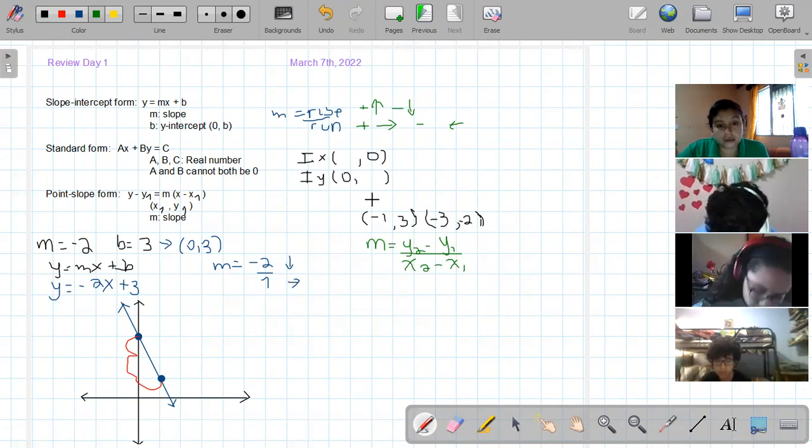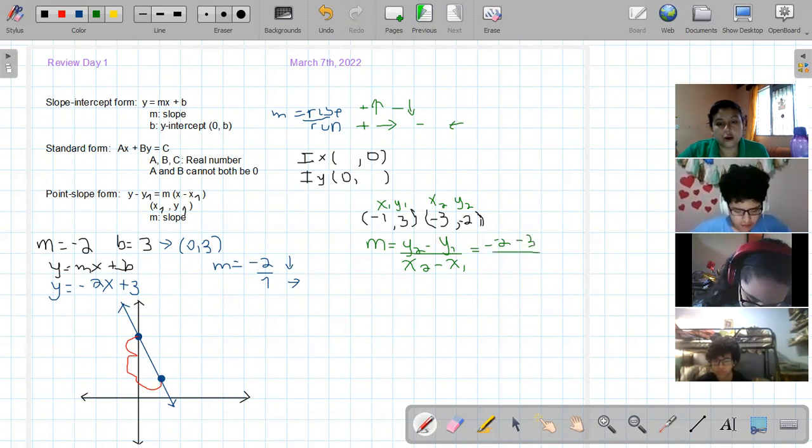Just to keep an order, I'm going to call this the first one x1, y1, and the second one x2, y2. And I'm going to substitute those values inside my equation. So in my formula, -2 minus y1, which is 3, over x2, which is -3, minus x1, which is -1.